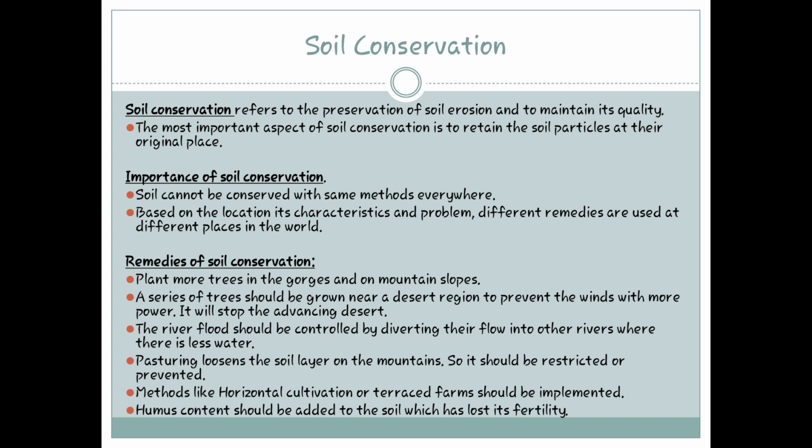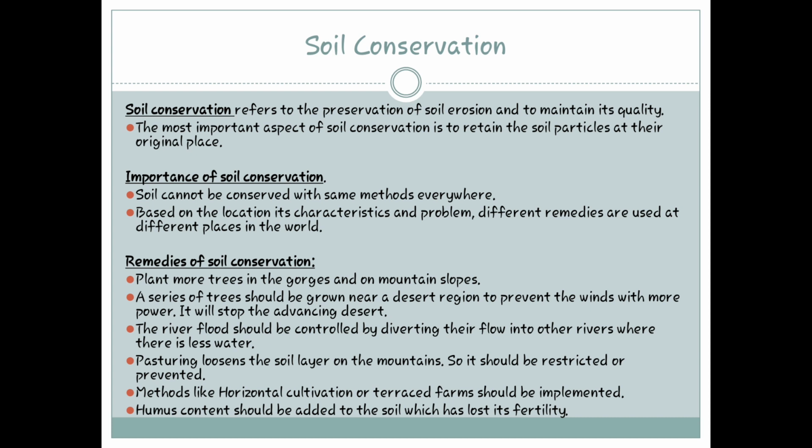We have different remedies at different places in the world according to the location and the problems they are facing. If the soil is not conserved, then there are chances of floods, which enhance the risk to life and property. So it is very necessary to conserve soil.